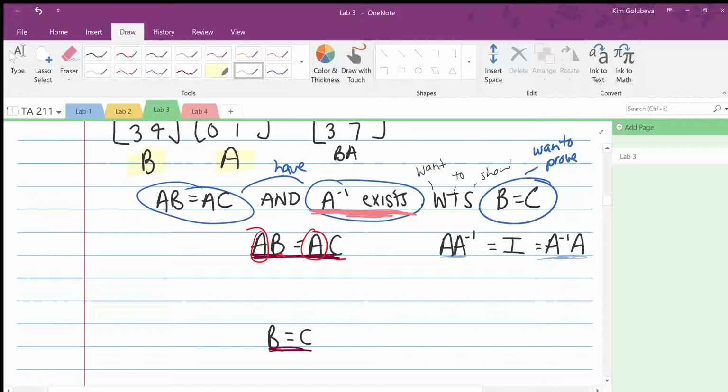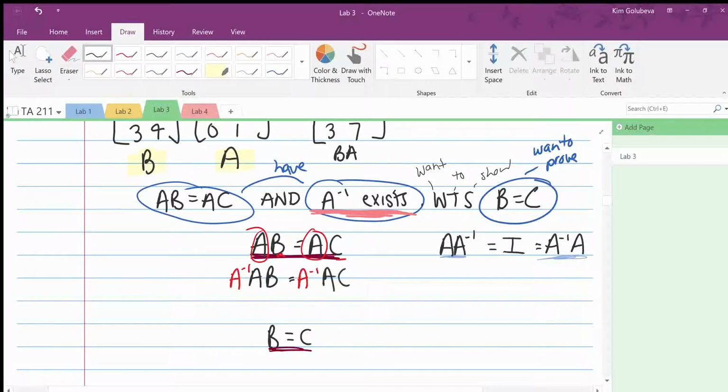So knowing this, we're going to multiply by A inverse on the left side of this equation. And it's important that you're consistent with both sides here.